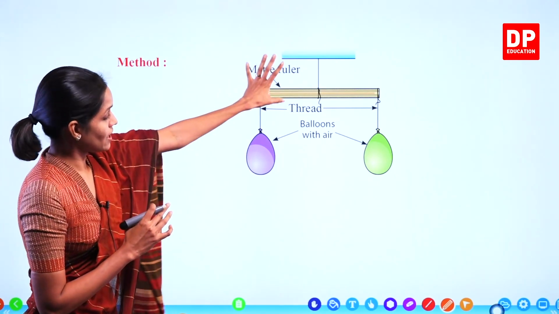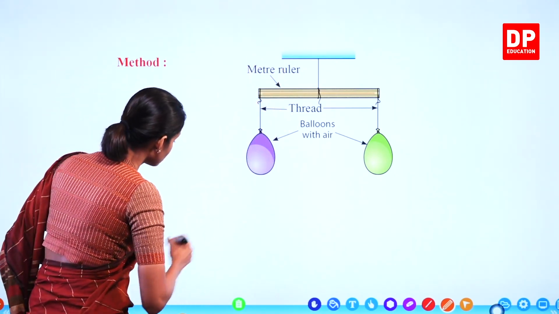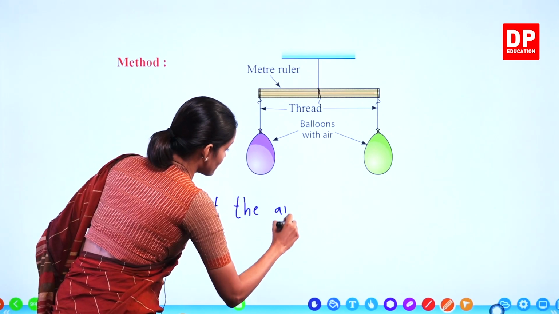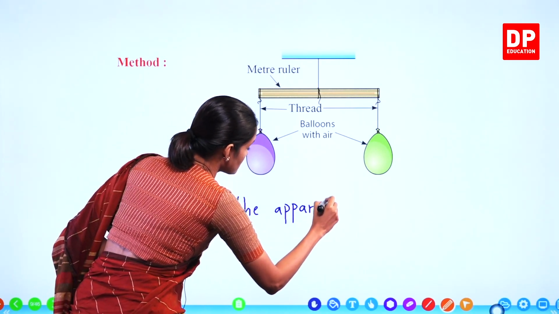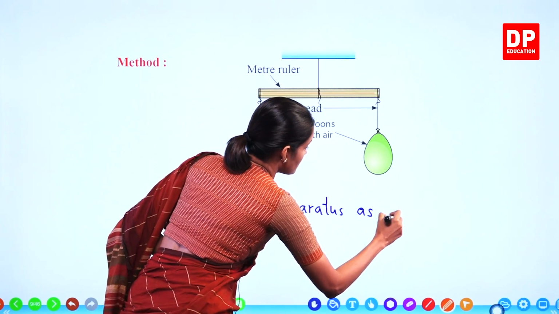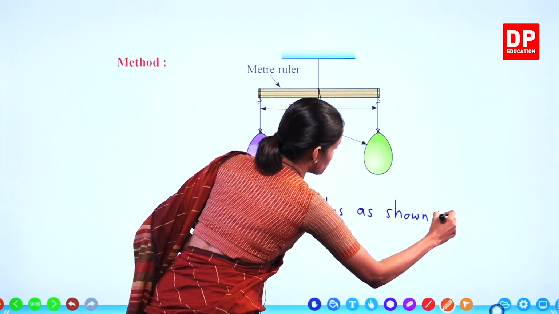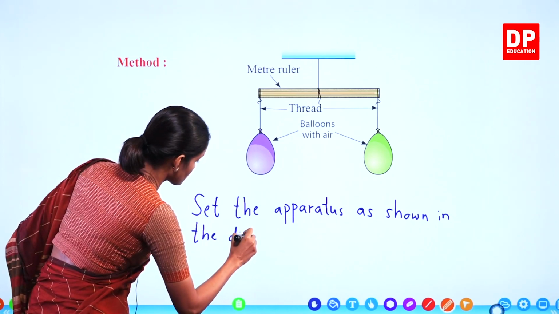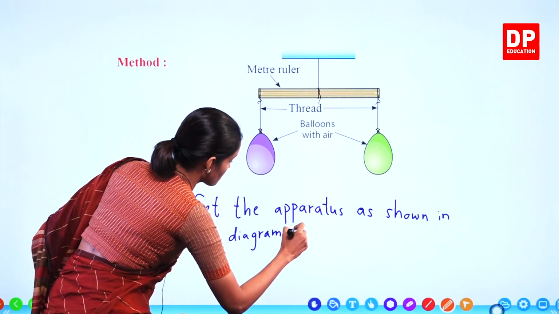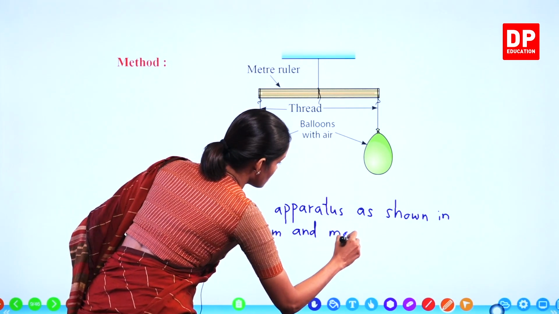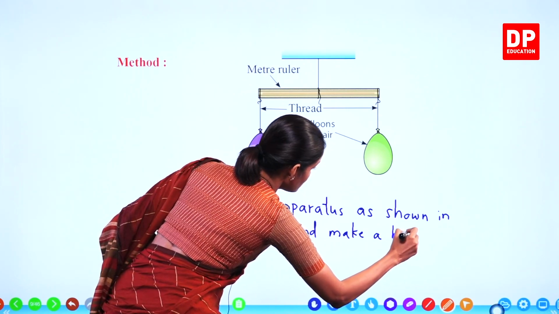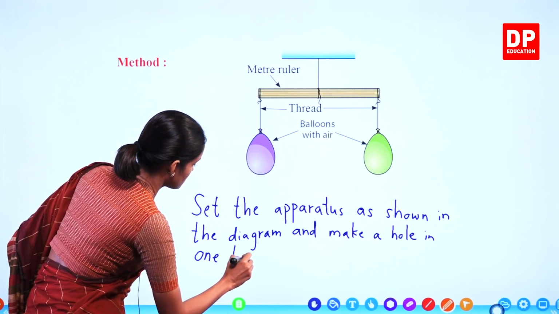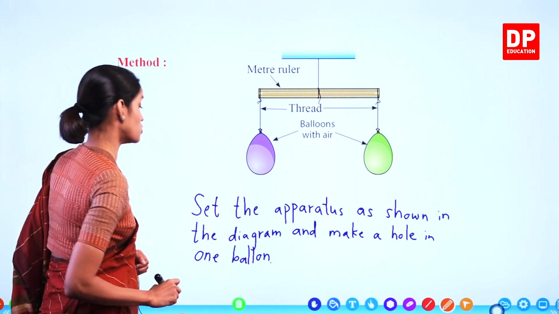Under method, we have to draw the diagram, and we are going to write: set the apparatus as shown in the diagram, and make a hole in one balloon.